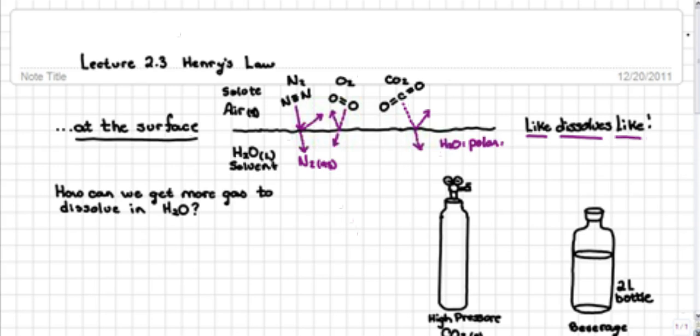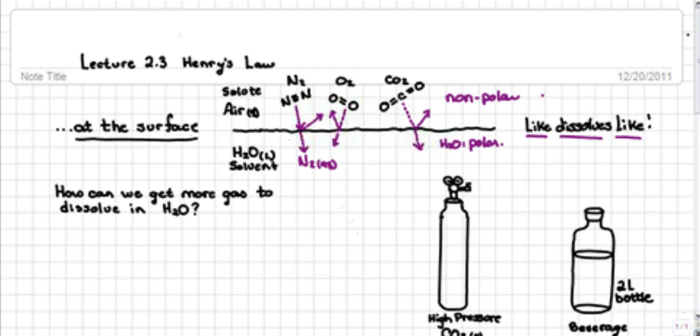And we know that the one way we have of optimizing what dissolves in water is to match it with something that is a polar solute. Unfortunately, in this case, all three gas species are in fact nonpolar. That's right. Nitrogen, oxygen, and carbon dioxide are all linear and have no dipole moment and therefore are nonpolar species.